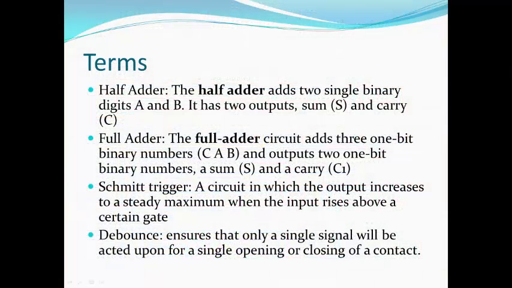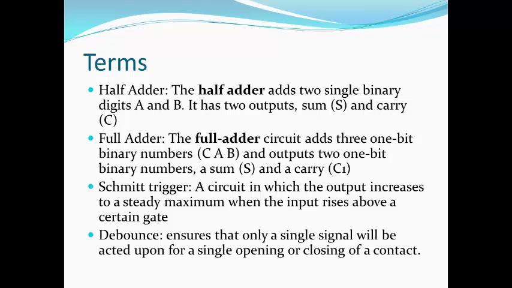So some of the terms: a half adder. The half adder adds two single binary digits A and B. It has two outputs, sum and carry, described by S and C. A full adder. The full adder circuit adds three 1-bit binary numbers and outputs two 1-bit binary numbers, a sum and a carry.